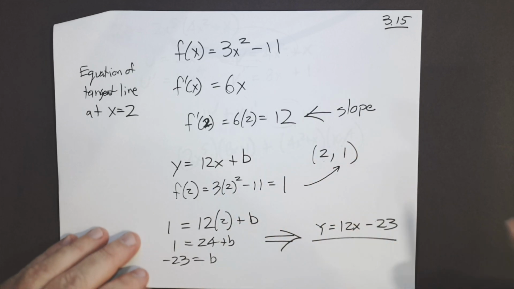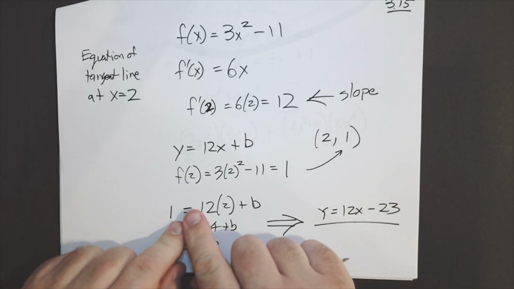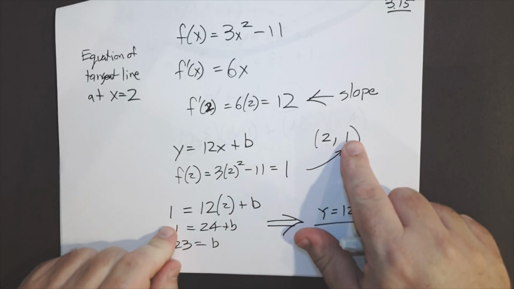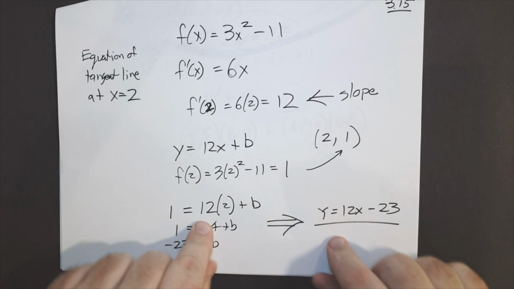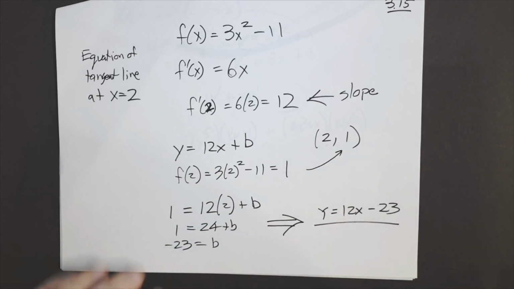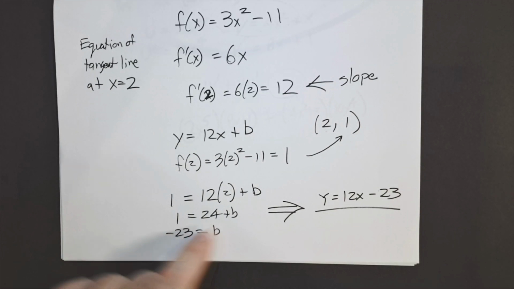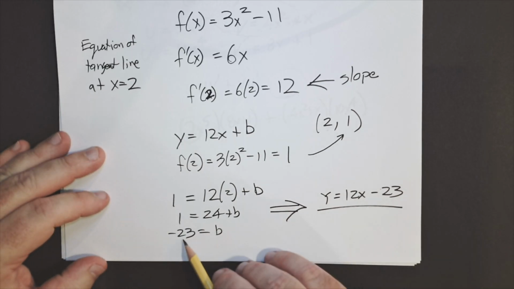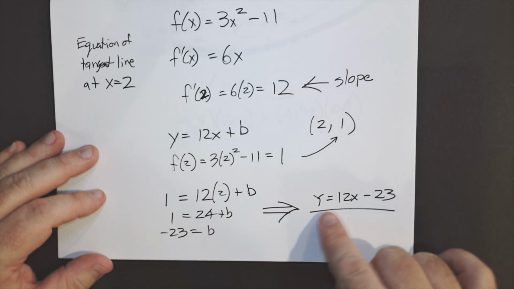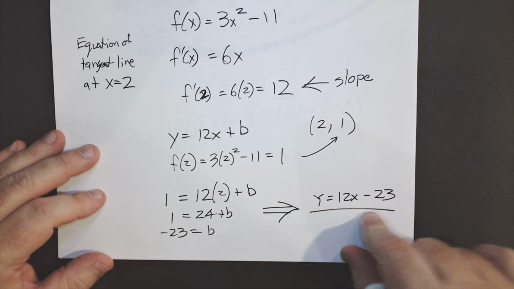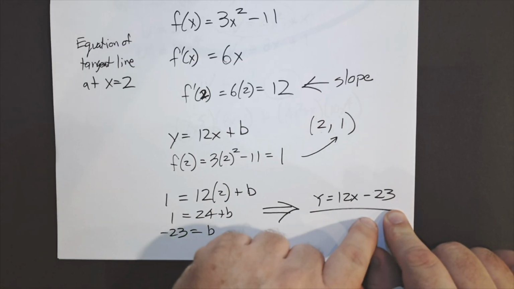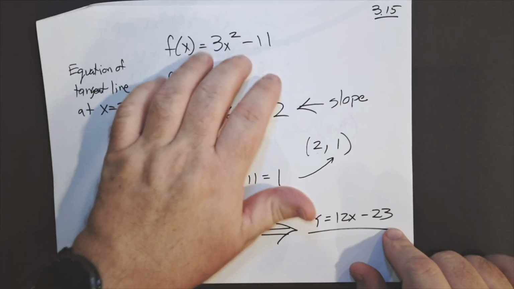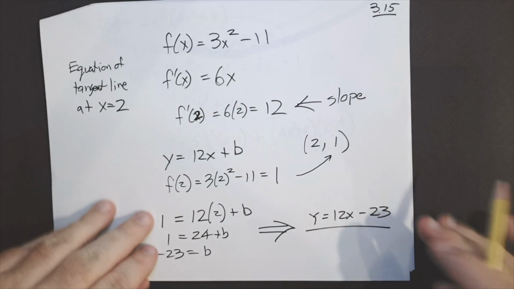So then I can plug that right into here. So I get 1 equals 12 times 2 plus b, and so that looks like 24. And so then the answer is negative 23. And so my answer is y equals 12x minus 23. That's the equation of the line that's tangent to this curve at 2.